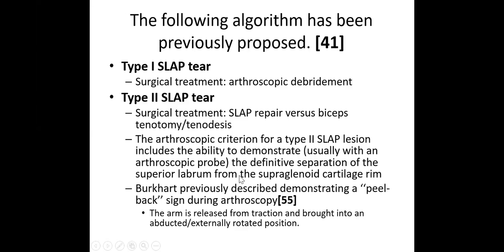Tenotomy means the surgical removal of the biceps tendon, and tenodesis simply means the reattachment of any tendon to a bone or to another tendon. The surgical procedure used to reattach the tendon to the bone is known as tenodesis.